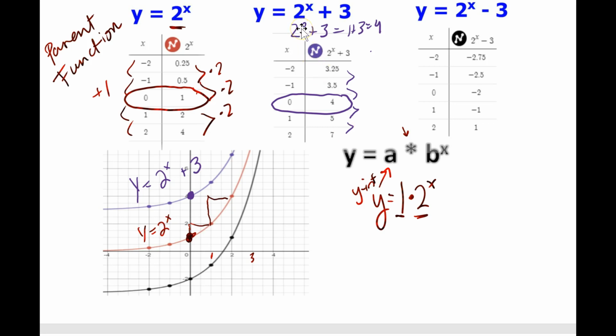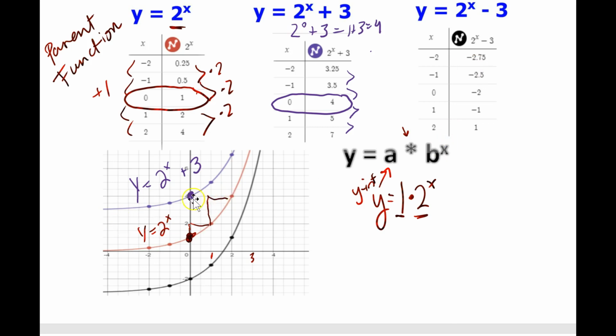But we do need to understand the actual properties of this exponential function. So y equals 2 to the x plus 3 is graphed here. My growth rate can still be seen because at 1 I have 5 and at 2 I have 7.